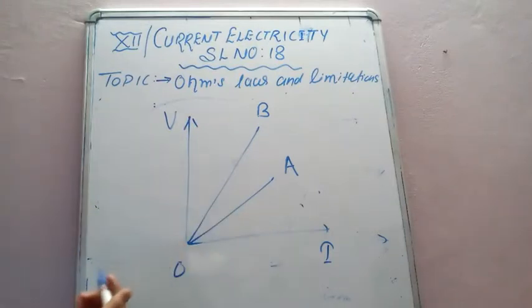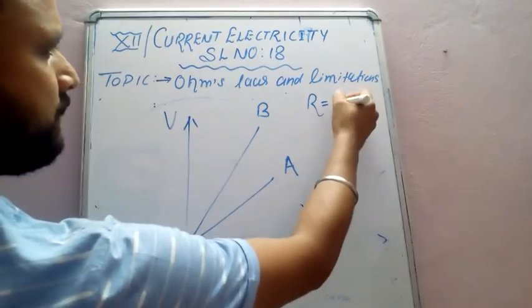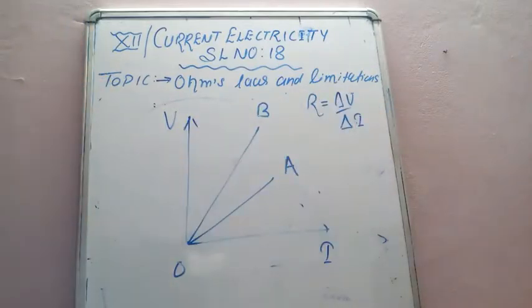We know that R is nothing but the slope, that is delta V upon delta I. Very simple.